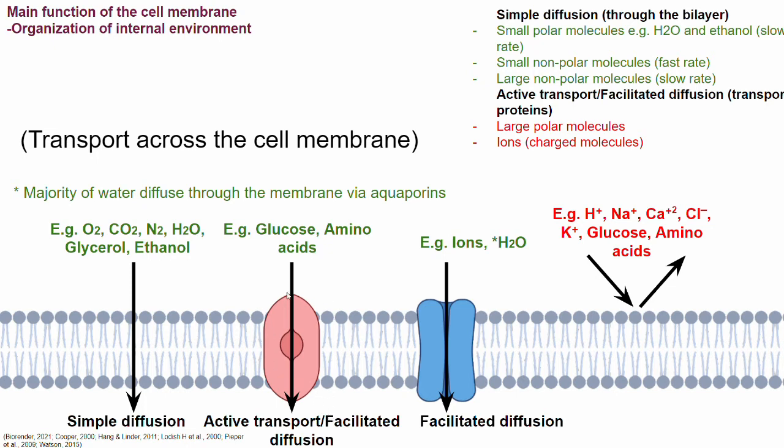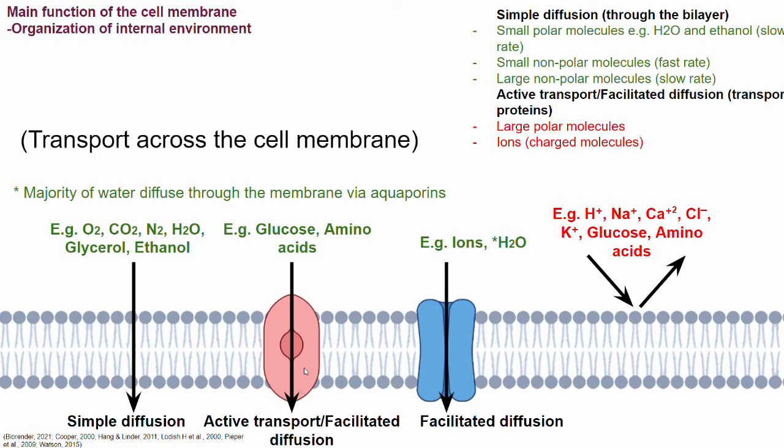The carrier proteins take the glucose, for example, from outside the cell and carry it to the inside of the cell. Now, this could happen through either active transport, by using ATP or some sort of energy, or by facilitated diffusion without the need of energy. It depends on the type of carrier protein in this case.